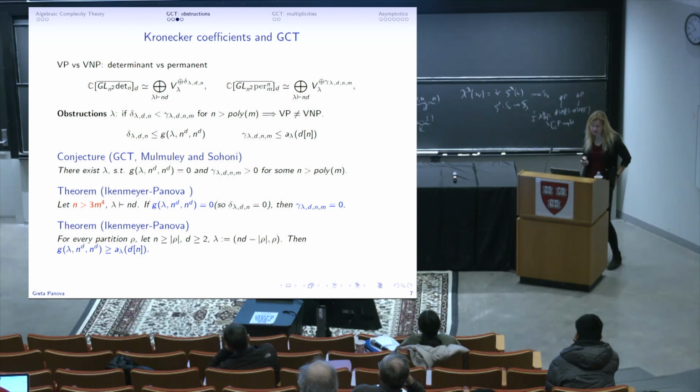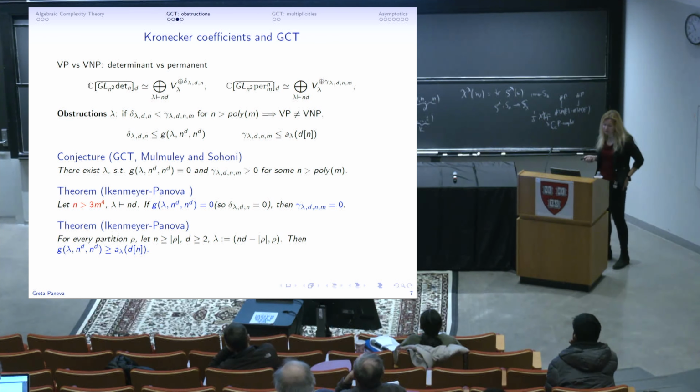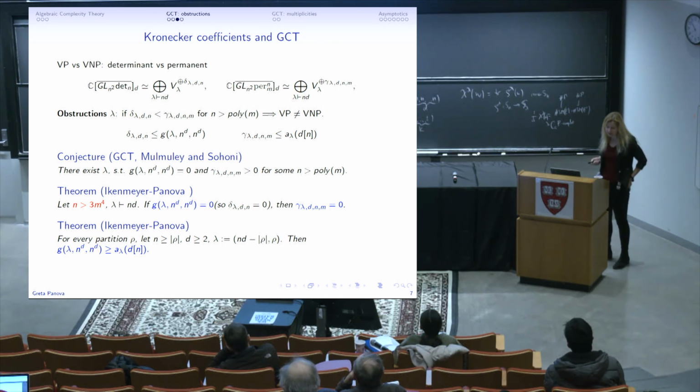And so this is the first thing that we actually disproved, and I will explain it now because for the other multiplicities it's a little bit more involved. So what we proved is that the Kronecker coefficients are basically positive for everything we would care about.